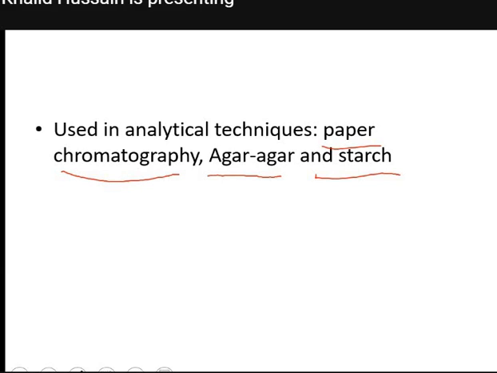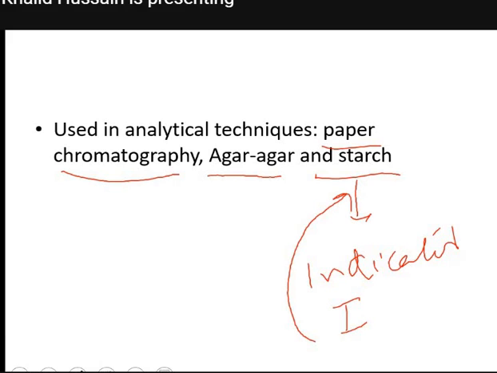Starch is used as an indicator also. In those titrations where iodine is used as a reagent, we use starch as an indicator because starch reacts with iodine to produce a black color.